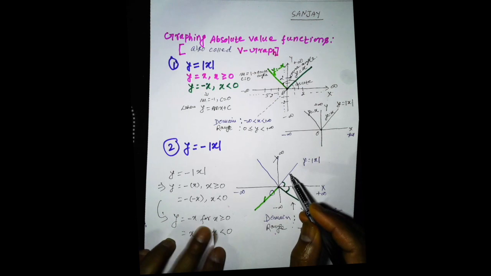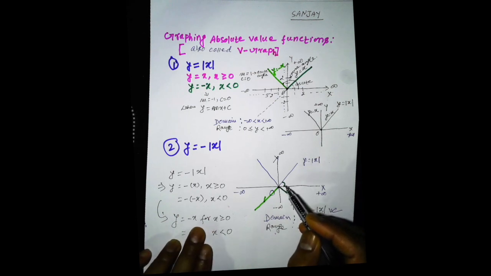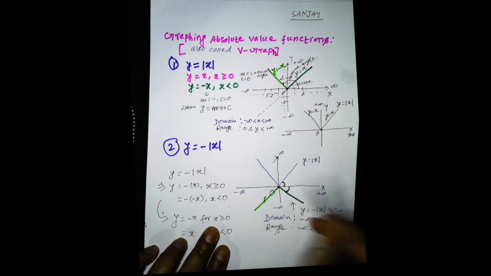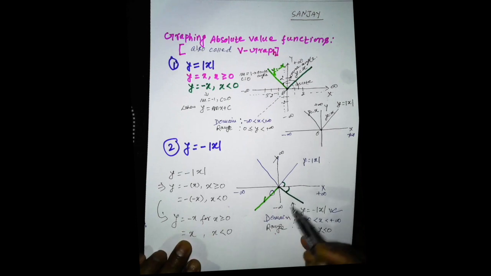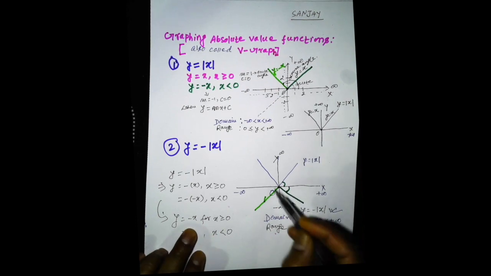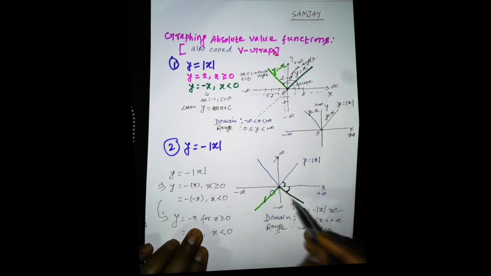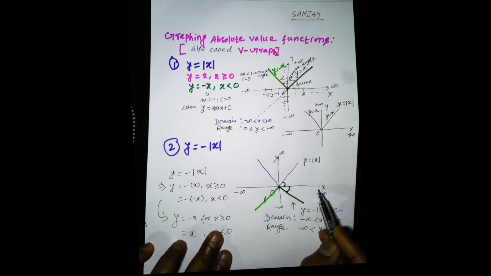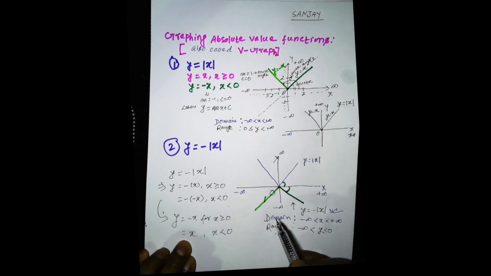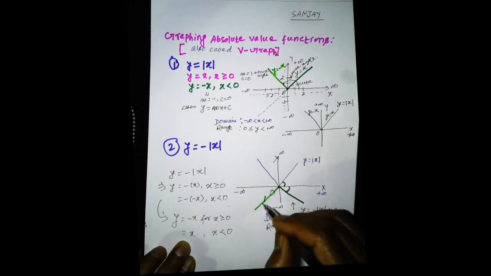So this line, y is minus x, for x greater than 0, and this part exists for x greater than 0. And if you see y equal to x, that means we are talking of this line.